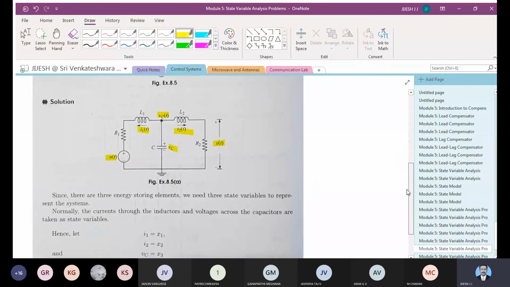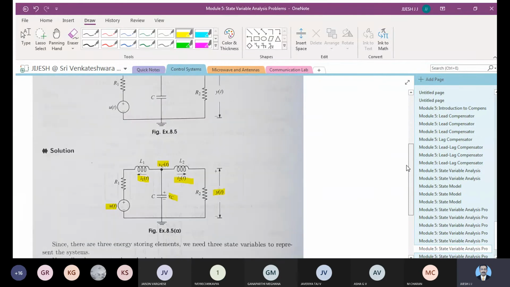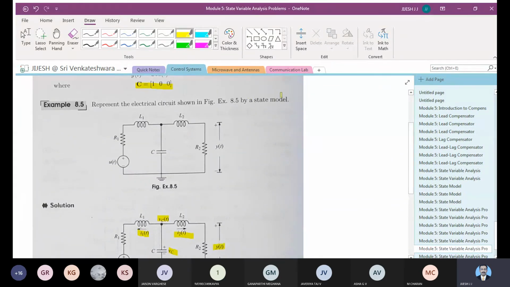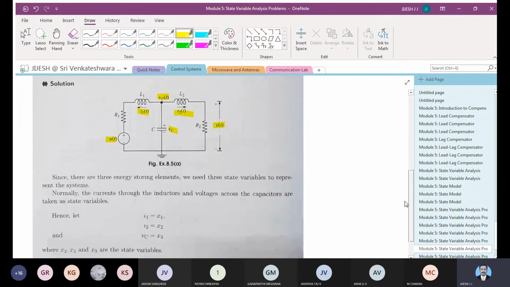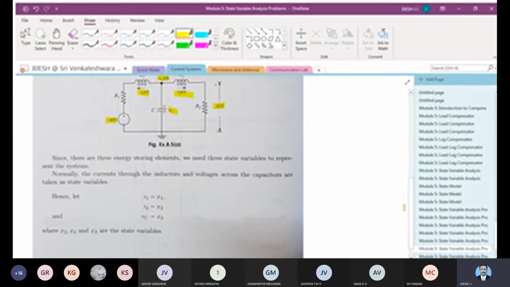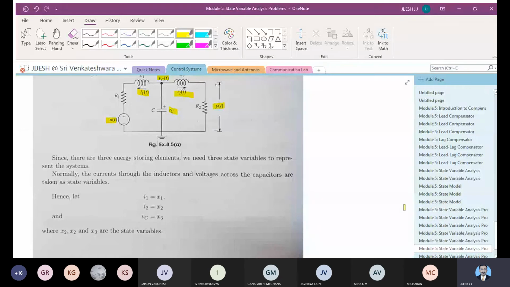After that, we have to simplify that to find out the state model. So we need to find out the state model for this circuit. So let us see that. First we have to identify how many energy sources there are. There are three energy sources, so how many state variables will there be? Three state variables. What are those energy sources? I1, I2 and VC.